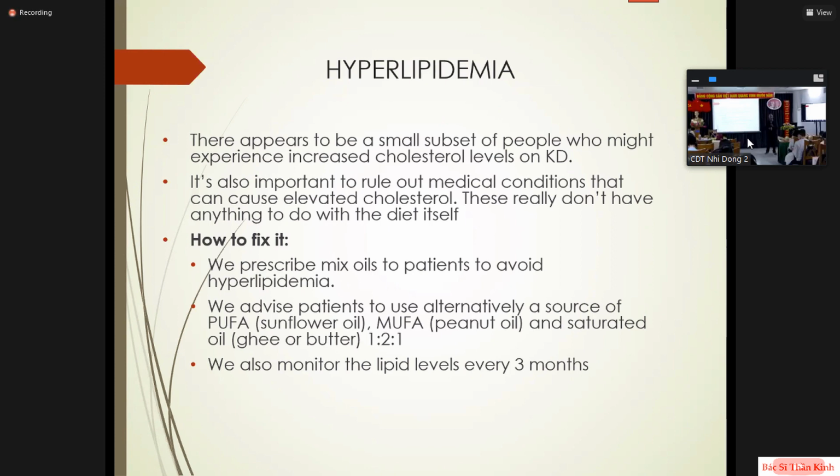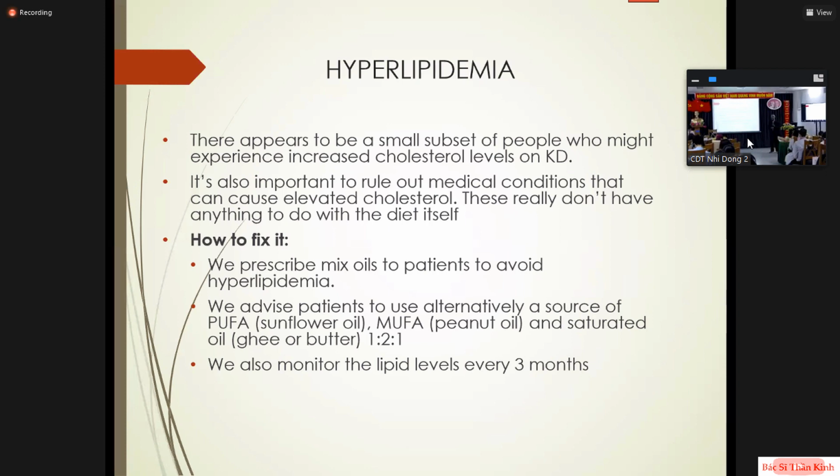We saw one patient who was using saturated fatty acids in all 4 meals. Then we switched over, and realized that if you have saturated fatty acid in 1 meal, a high MUFA oil in 2 meals like peanut oil, and one with a high PUFA like sunflower oil, then the chances of hyperlipidemia is almost nil.